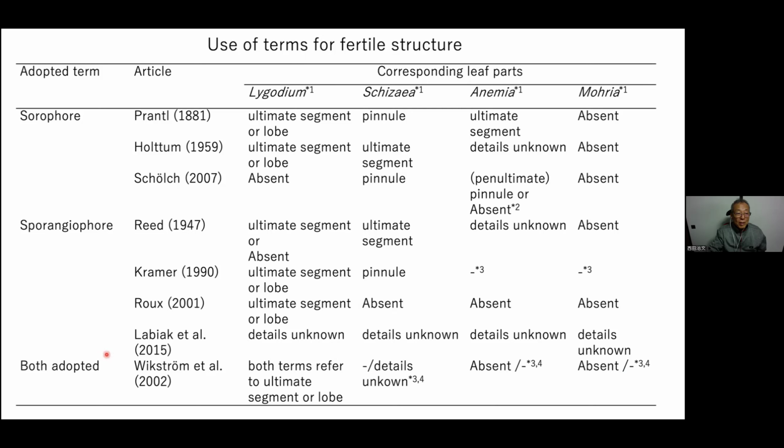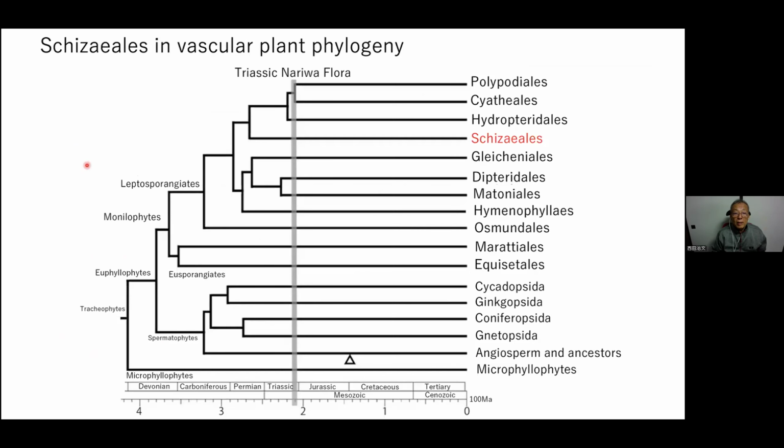There's a long history, and sometimes sorophore or sometimes sporangiophore or both are adopted by some authors. And I don't have much time to explain this well, so I'm going to skip this table, and then I'm going to talk about the recent phylogeny of Schizaeales.